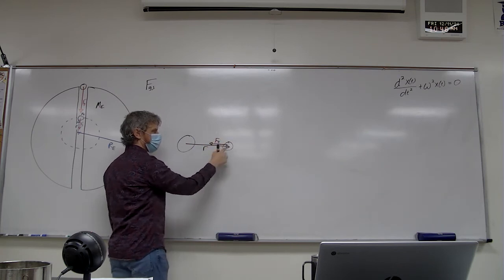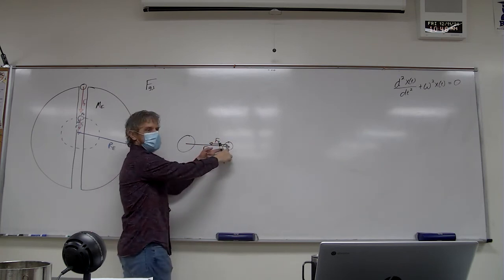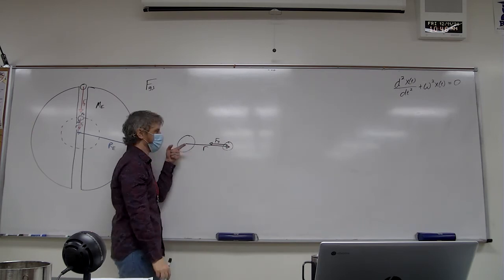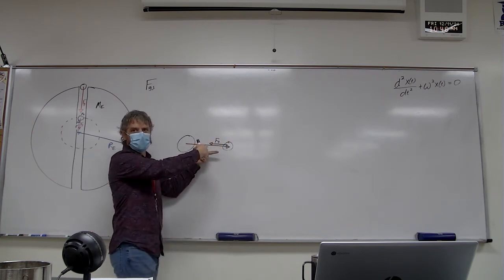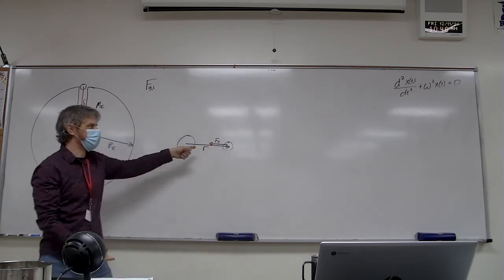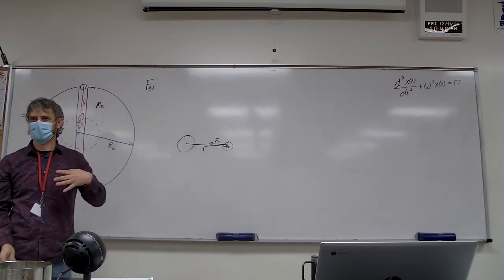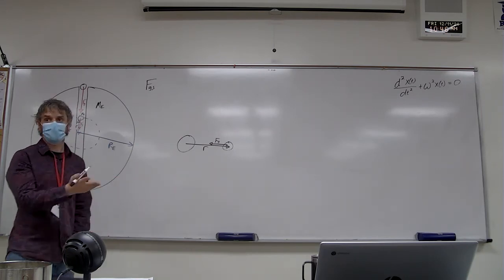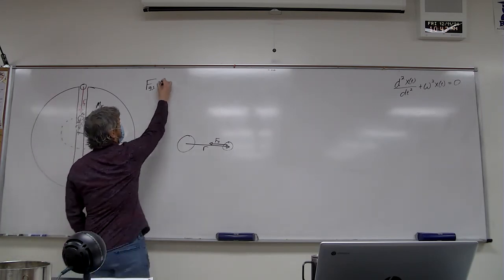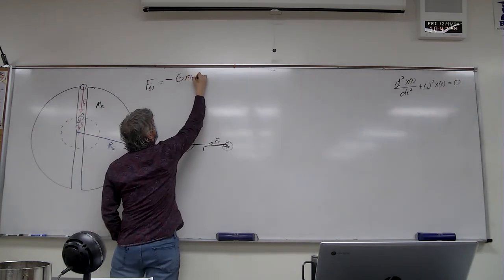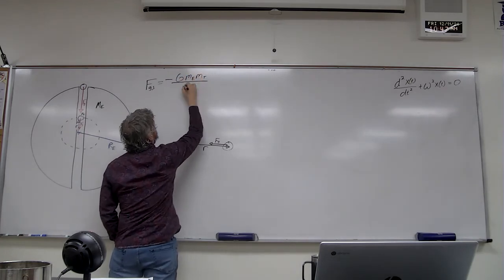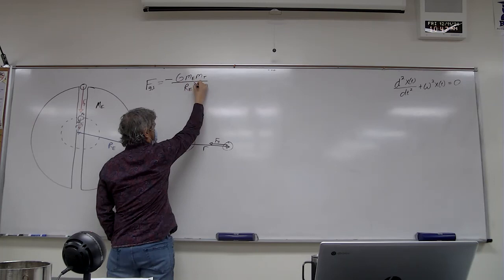If I want to know the force on this guy, I got to specify his position relative to the first guy with a vector, and the gravitational force is in the opposite direction. And so that force is actually in the negative direction with respect to that position vector. So the gravitational force is negative big G, mass of the Earth, mass of Trenton, over the radius of the Earth squared.